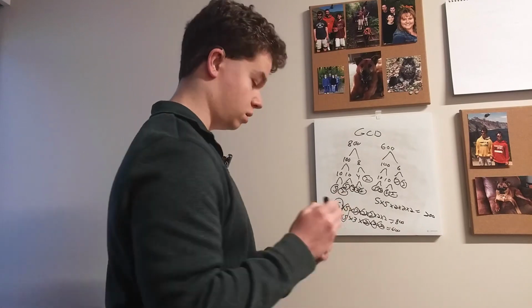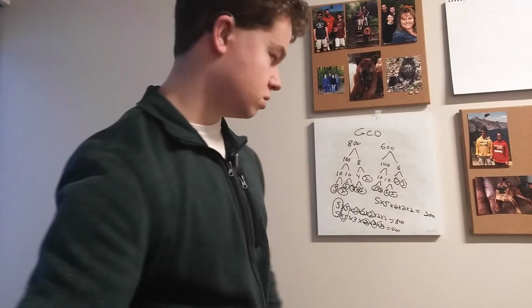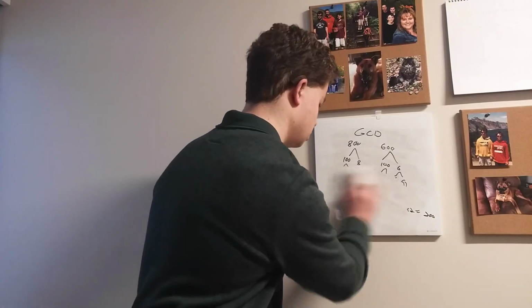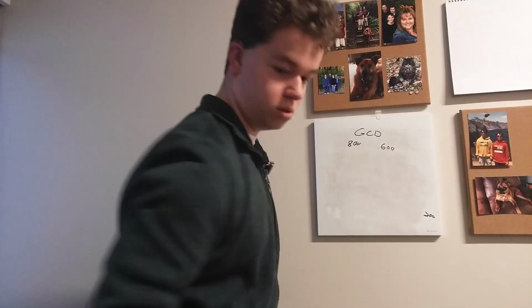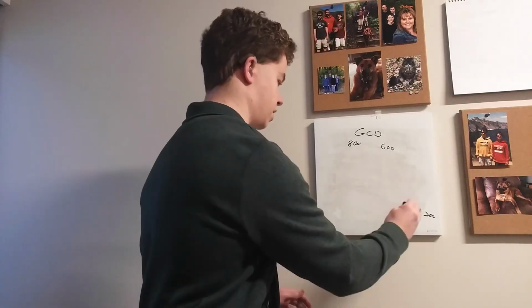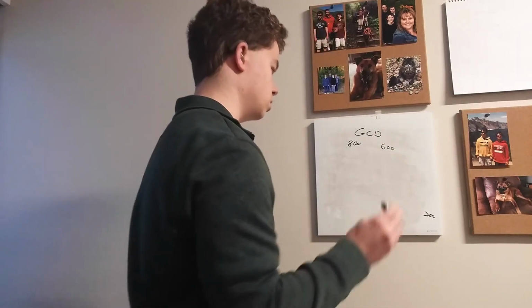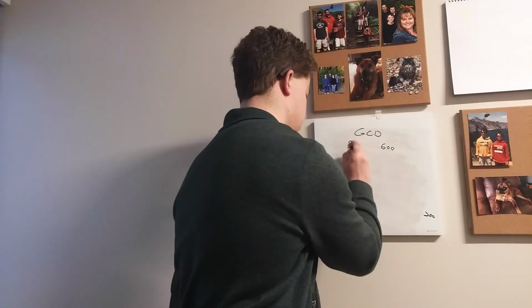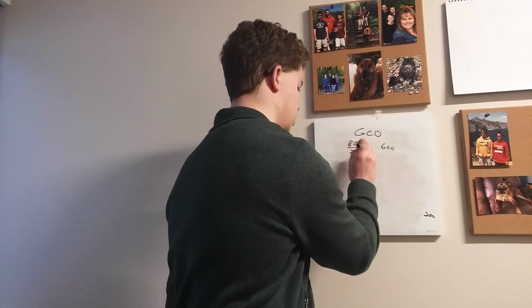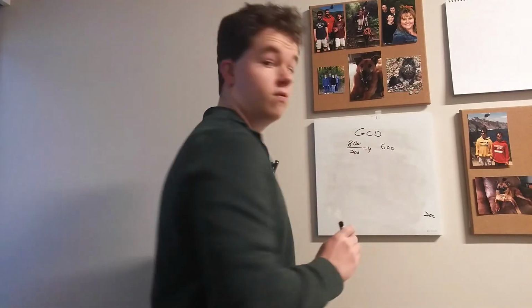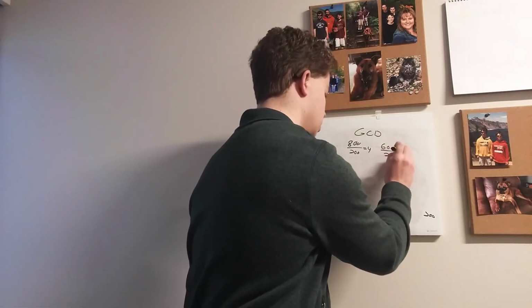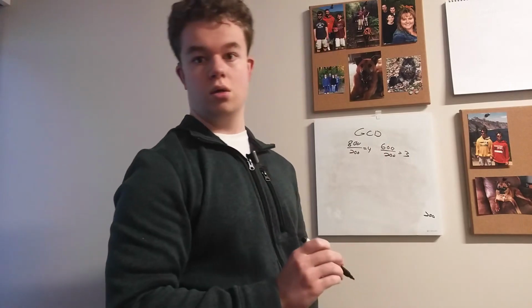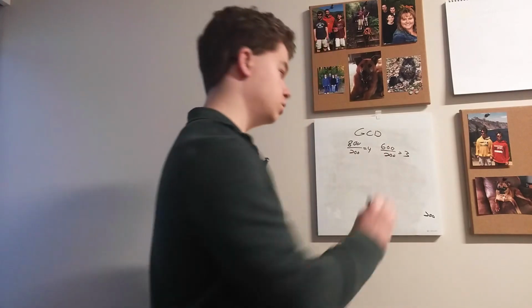But here's the key. I'm going to erase this. We got 800 and 600, and the greatest common divisor is 200, right? Well, if you take 800 divided by 200, what do you get? 4. 600 divided by 200, 3. Did we just calculate our aspect ratio?